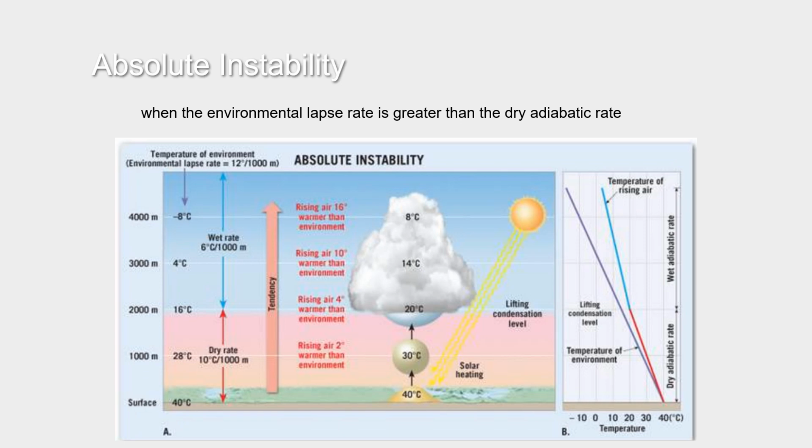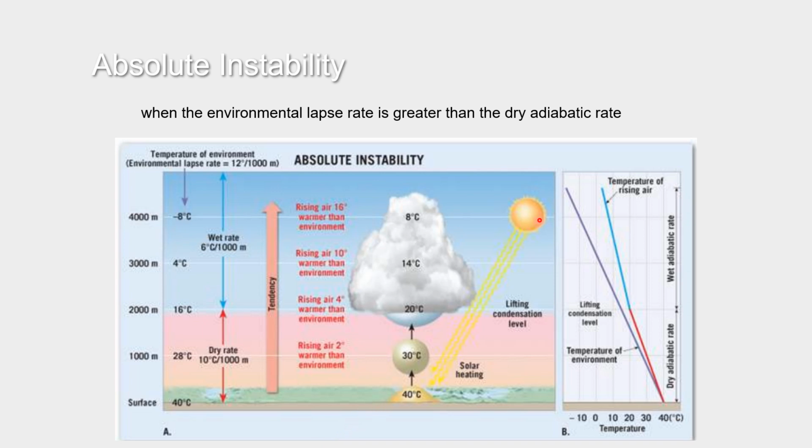Next is absolute instability. It's the opposite. Absolute instability happens when the environmental lapse rate is greater than the dry adiabatic rate. So now the environmental lapse rate should be bigger than the dry adiabatic rate. That's why it produces unstable air. In this figure, the A figure, absolute instability can develop with solar heating.